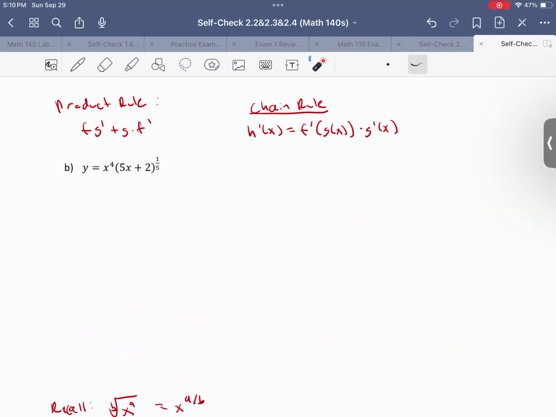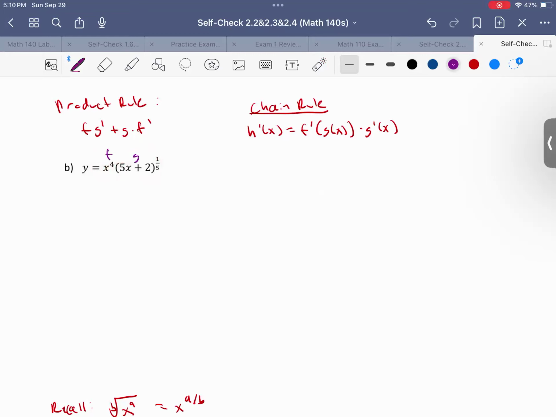So why are we using the product rule? Well, because we have two things multiplying each other. We have x to the fourth, we have 5x plus 2 to the 1/5, and we want to find the derivative of this, but we really have no way to do that without the product rule. So we need to use that. And within that product rule, we're going to have a chain rule because of this guy. So let's go ahead and piece that out with the product rule.